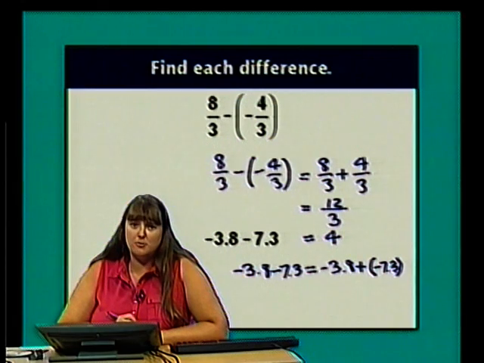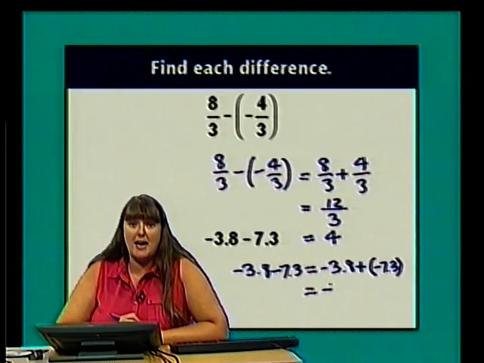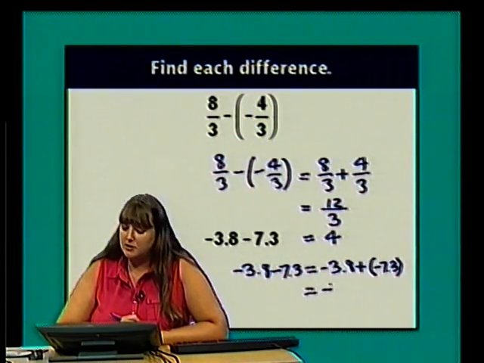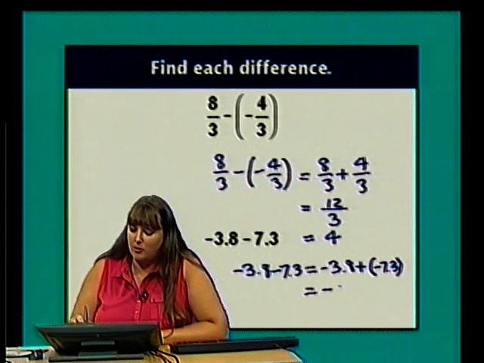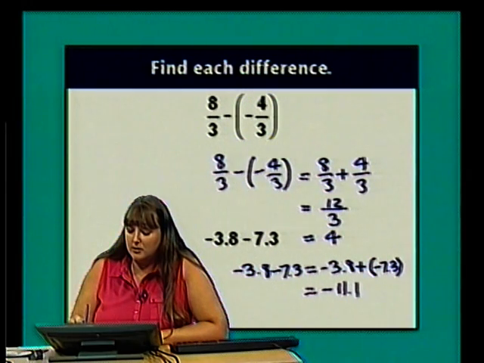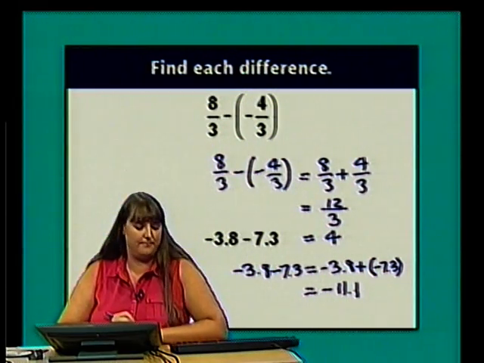So I'm adding two numbers that have the same sign. Both of these are negative numbers. So I know my result is going to be negative, and I just need to add their absolute values. So 3.8 plus 7.3 is 11.1, which tells us negative 3.8 minus 7.3 is negative 11.1.